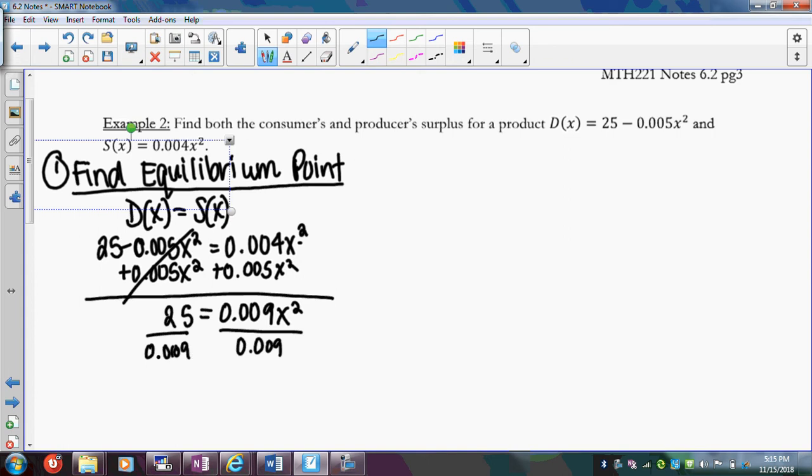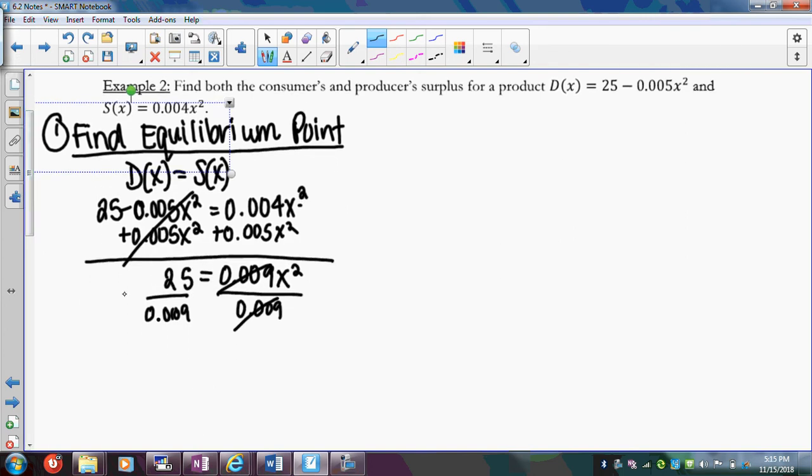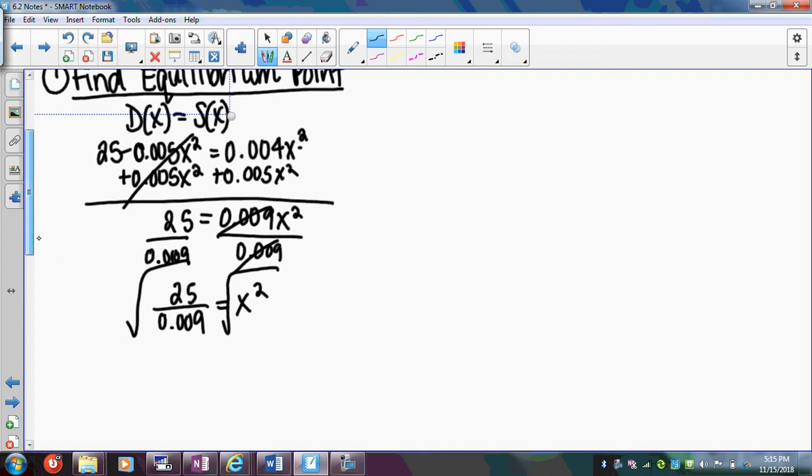Since it's just going to be an x squared equal to a number, I can just use the square root method, because if you look at what we have here, this fraction, you're not going to want to try to factor that. So what I'm going to do is just say that this is 25 over 0.009 equals x squared, and then just square root both sides. And then that way we can just type that in our calculator.